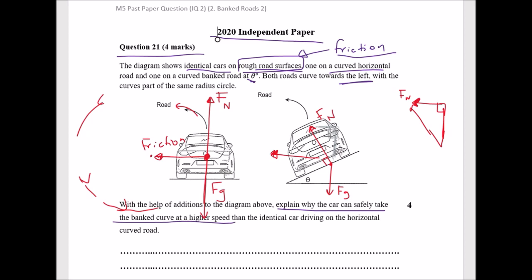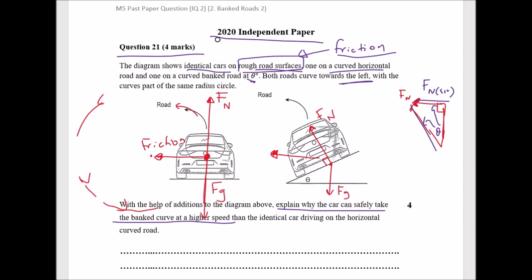The component we have as theta is over here, so we have this component and this component here. So it's the hypotenuse and the opposite side for this horizontal component of the normal force.